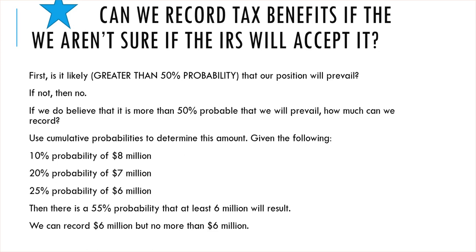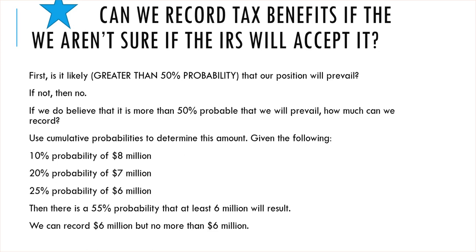We think there's a 10% probability we'll get away with 8 million, a 20% probability we get away with 7 million, and a 25% probability we get away with 6 million. And they're going to say, well, what do we record? Most of us would say 10% times 8 plus 20% times 7 plus 25% times 6, and we come up with some other number to total over 100% and get an estimated value, right? And kind of a mean calculation.